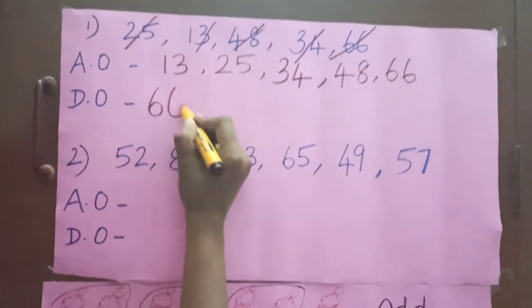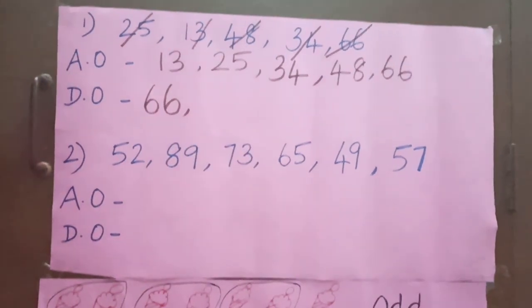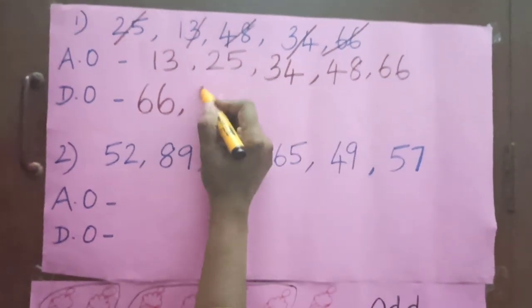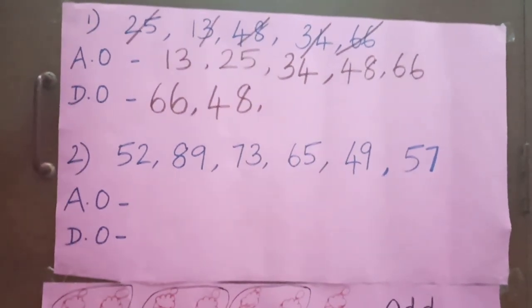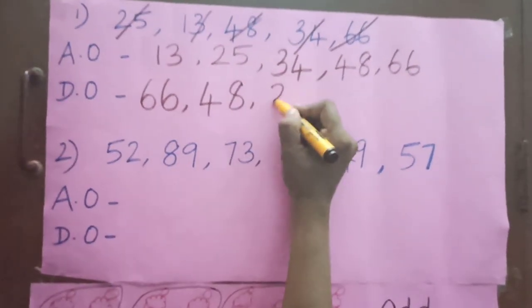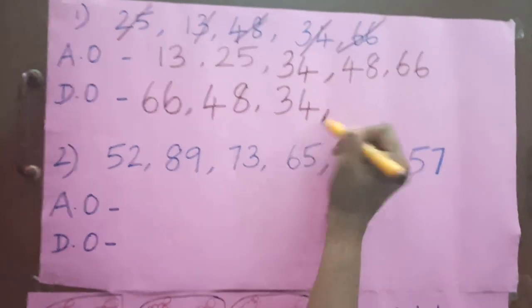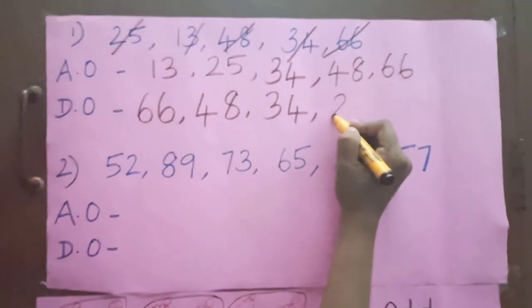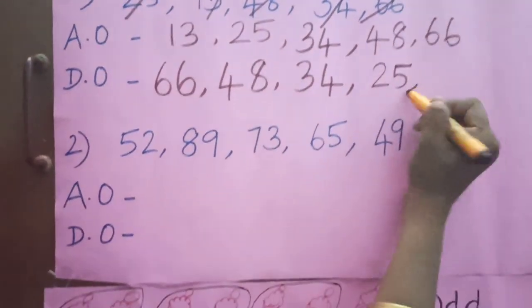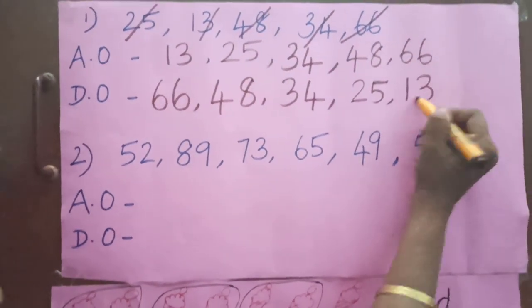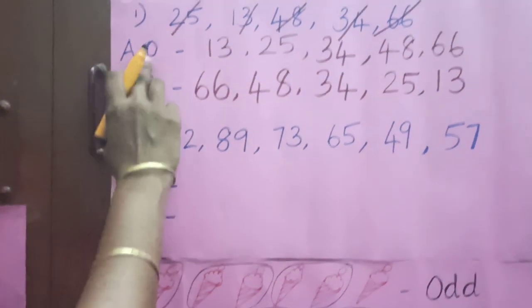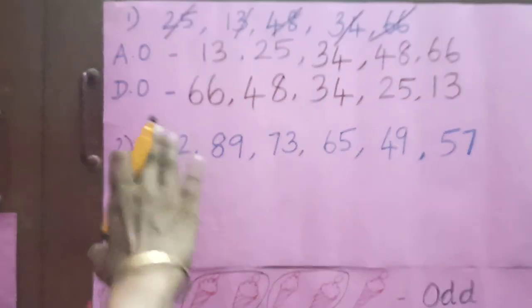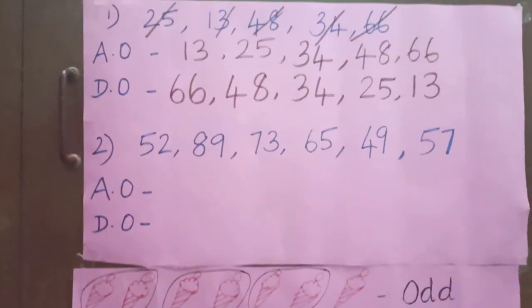So it will come in front. Then the next bigger number, 48. Then 34, then 25, then 13. Okay, understand children? Ascending order means small to big. Descending order means big to small.